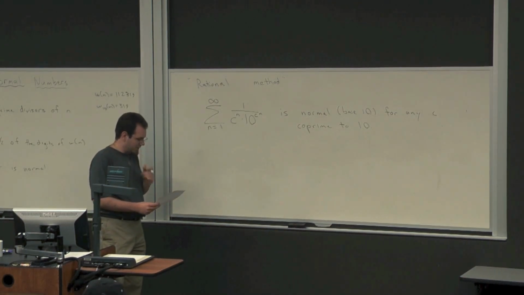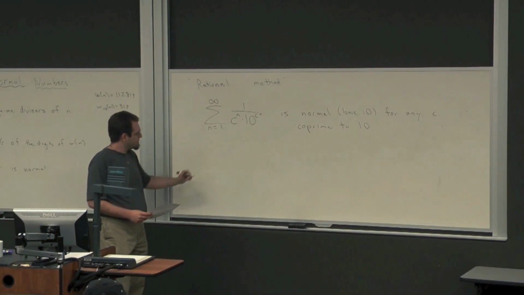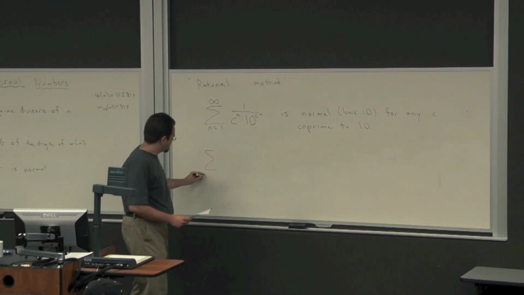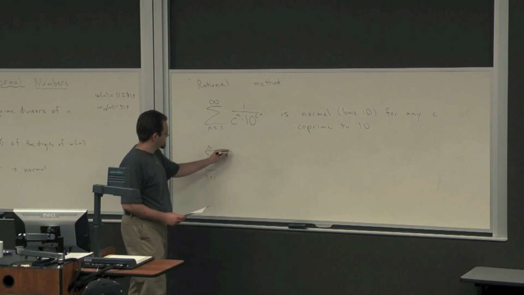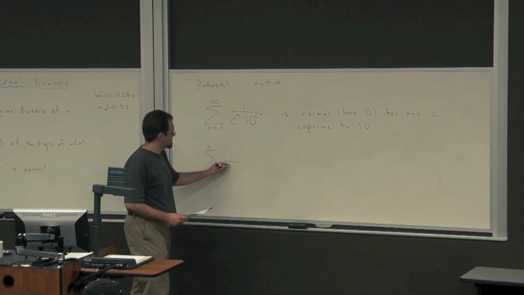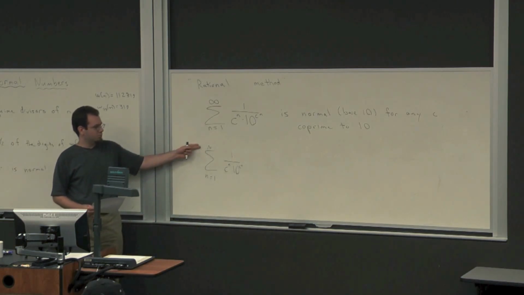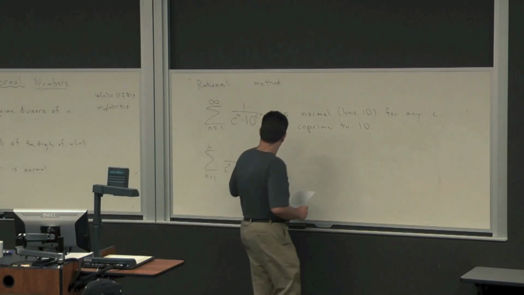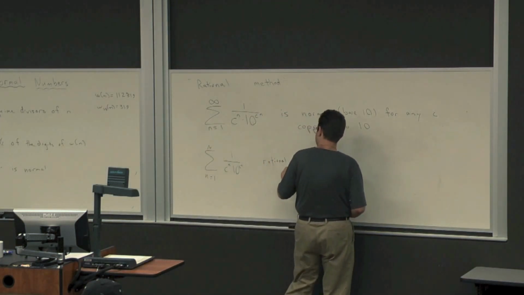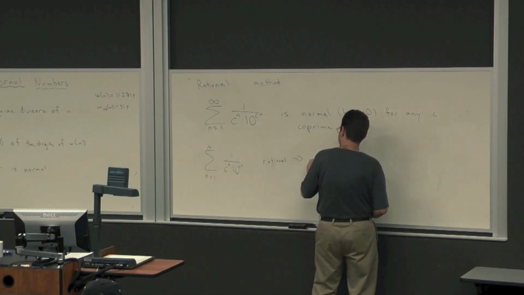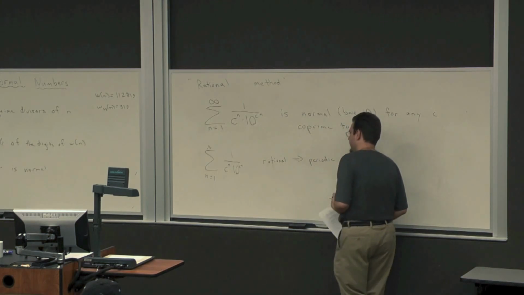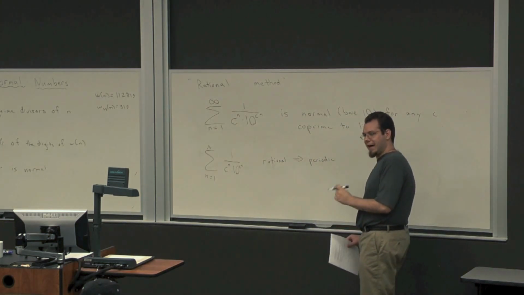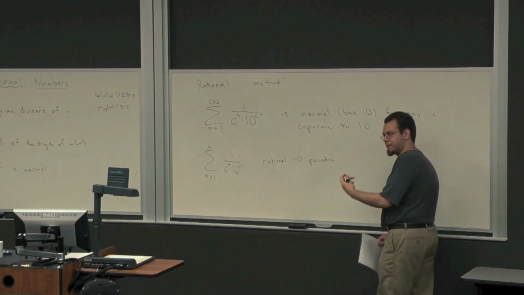Well, okay, so what's kind of the idea here? Well, if you chop it off after a certain point, then this is rational. And if it's rational, therefore, it's going to be periodic. And if it's periodic, then it has a string which makes up a period.